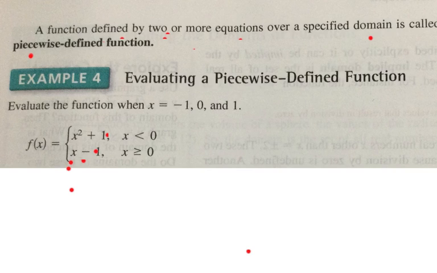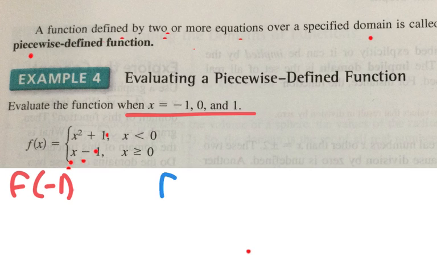Okay, so let's look at what this question is asking. It's telling me to evaluate the function at 3 specific places. I have to find the function evaluated at -1. I have to find the function evaluated at 0. And I have to have the function evaluated at 1. So those are my 3 x values they're wanting me to plug in for.